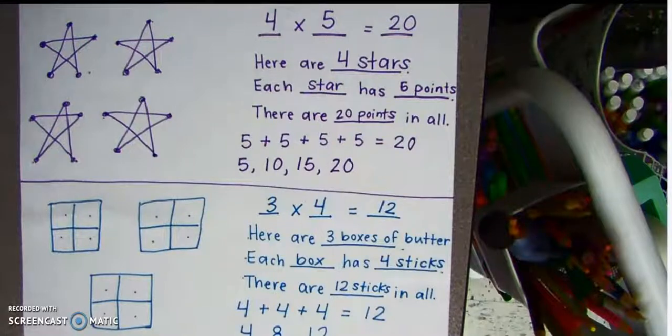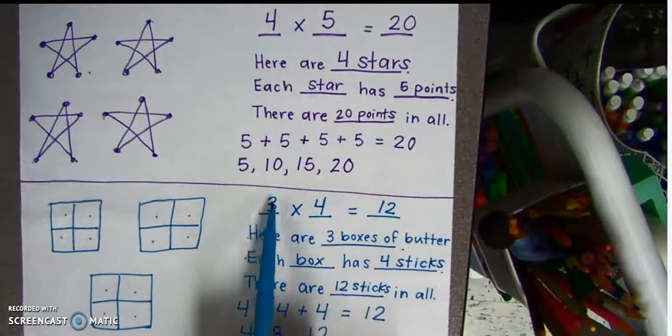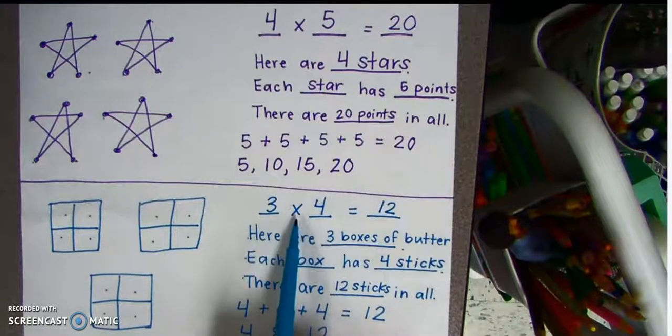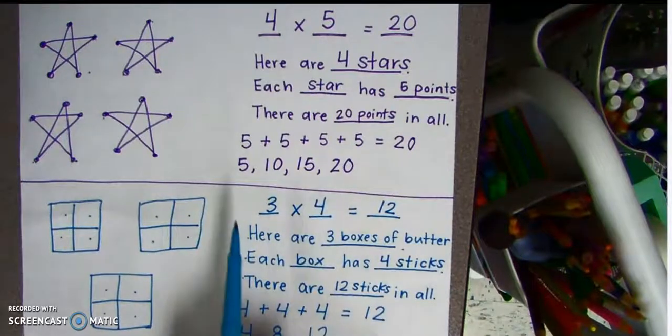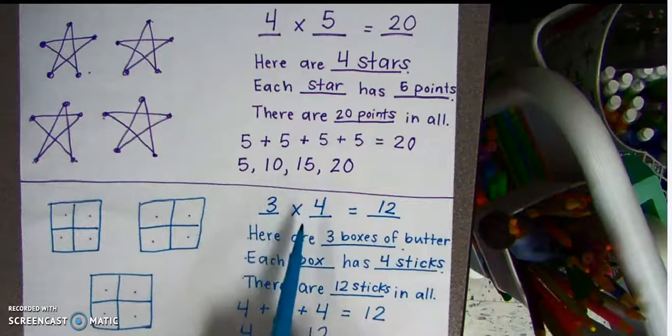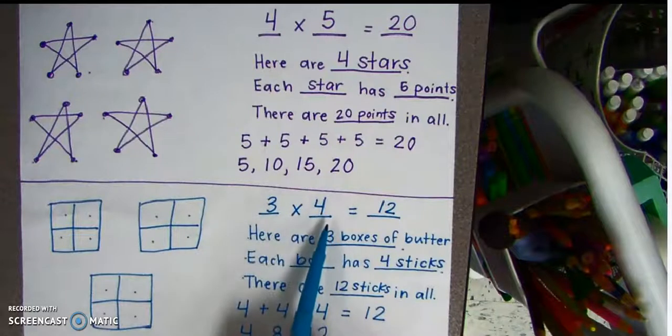Equal groups, number of groups, times number in the groups. That's how you can remember your equation. You start with your number of groups times the number in each group.